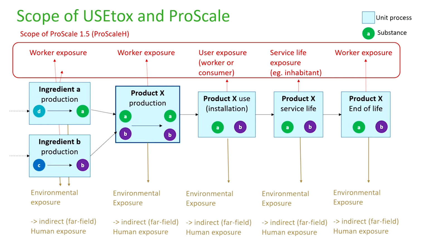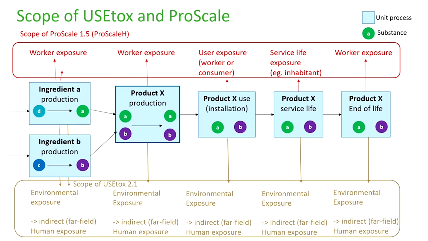And when we started here, we had the scope of ProScale 1.5, which was the version of the method at the time, ProScale for human health impacts, that addressed specifically this part of the life cycle and the type of impacts relating to that. Whereas basically where USEtox 2.1 was when we started Mistra SafeChem was essentially to look into the environmental exposure, the ecotoxicity impacts, and the indirect impacts on humans, so the environmentally mediated human exposure.